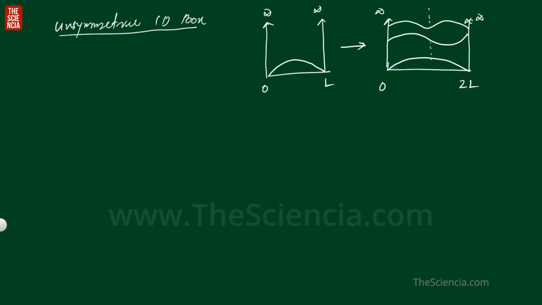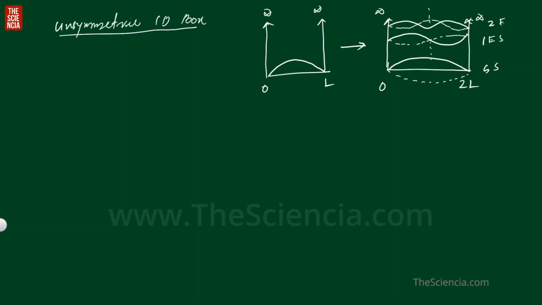These are forming stationary waves, right? So this is the ground state, this is the first excited state, and this one is the second excited state.